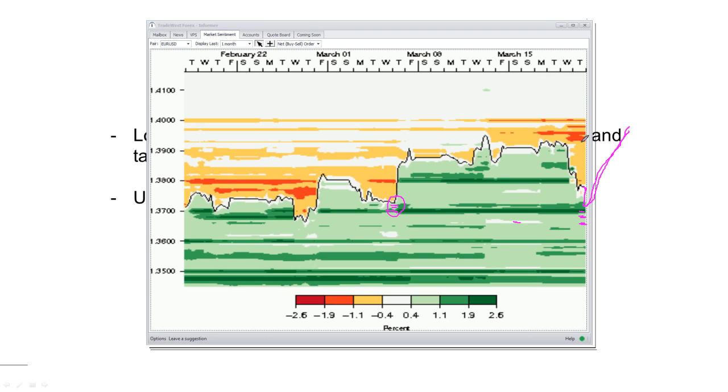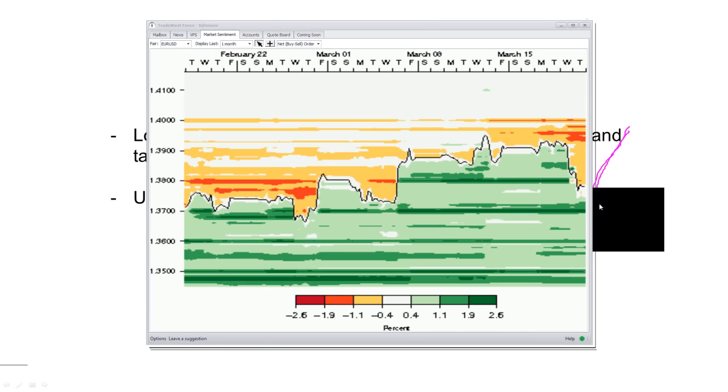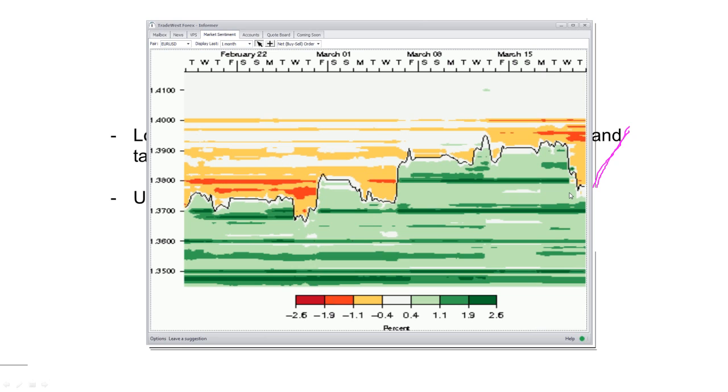Now, your target on this trade, if you're buying here, is obviously going to be just before the major resistance up here. So if you're buying here, your stop is here, and your target's up here. That's a nice trade, good risk to reward.